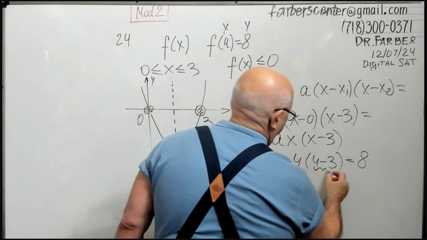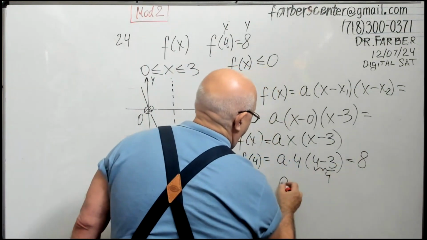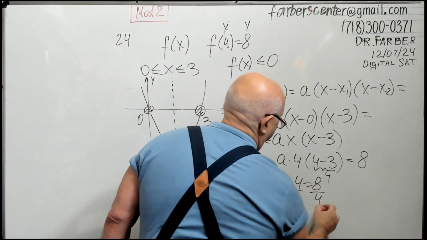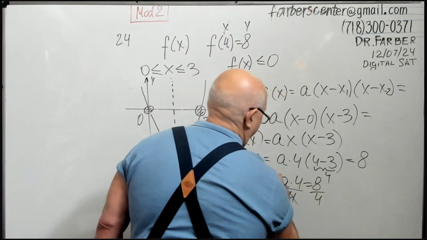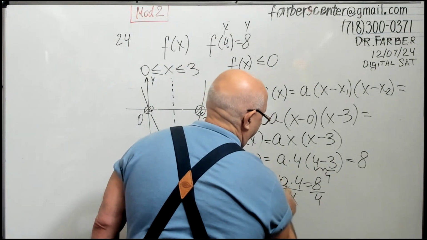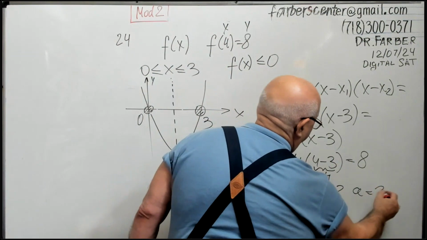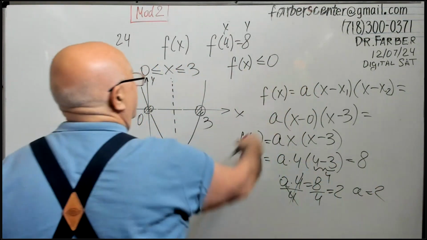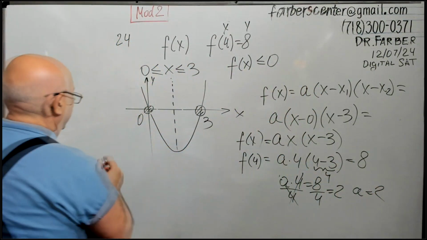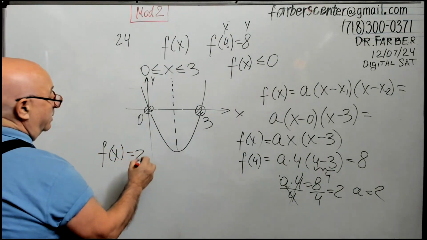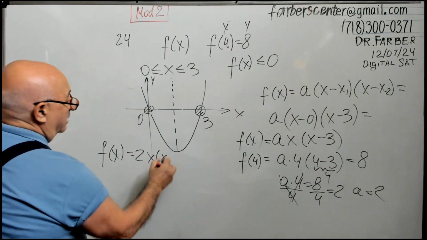This is 1, so I get a times 4 equals 8. Divide both sides by 4, and a equals 2. Since a equals 2, I know this function more specifically. I can write f of x equals 2x times x minus 3.